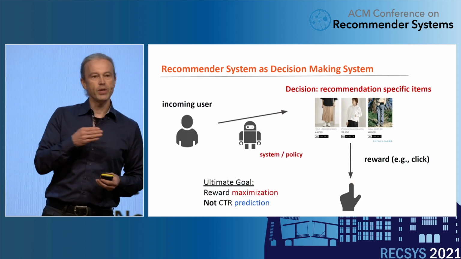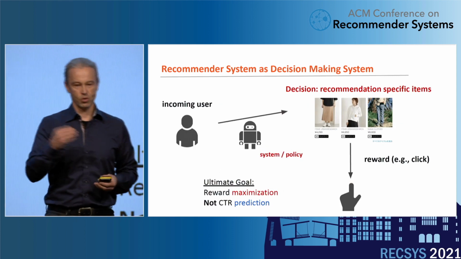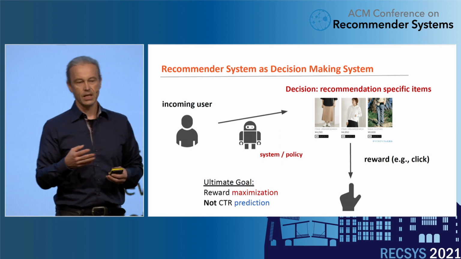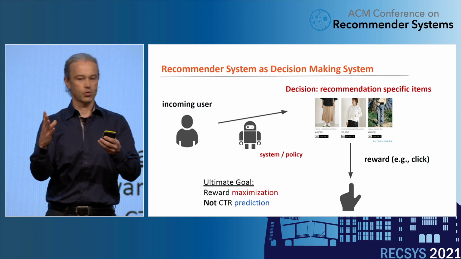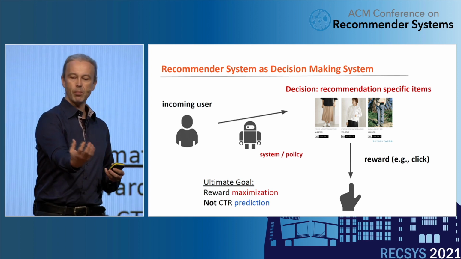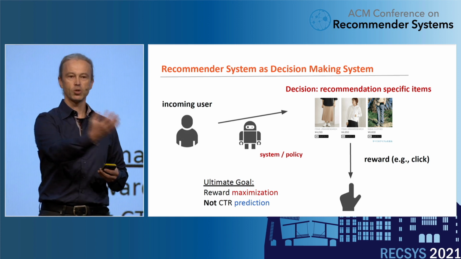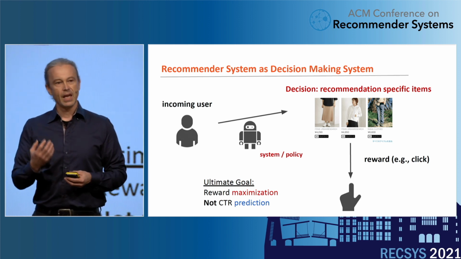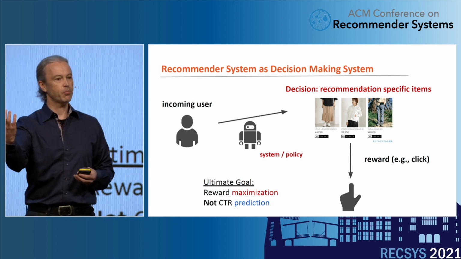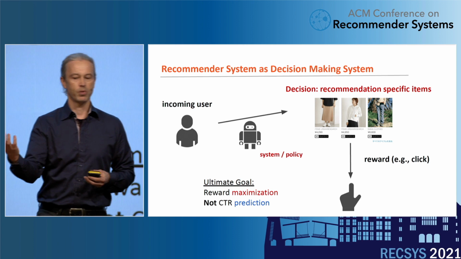Let me give you a concrete example of what this looks like for a recommender system, and that's an example that we'll use throughout this presentation. You have a user coming to your system. Your system then takes an action. For example, it recommends these 3 products personalized to this user. This action has a desired effect, which we measure in terms of the reward that we get.